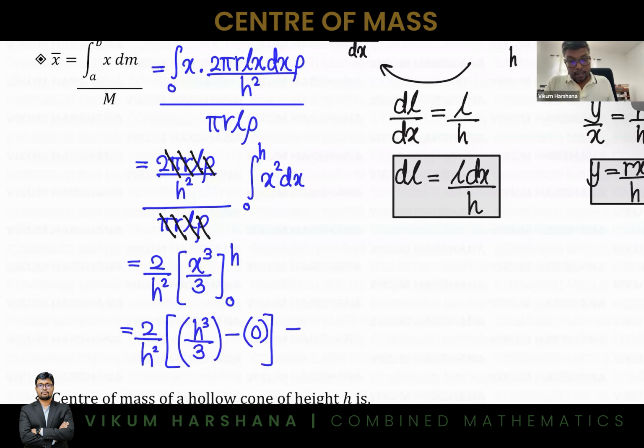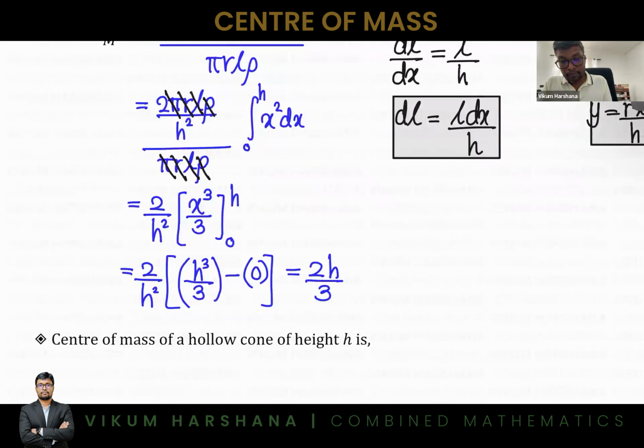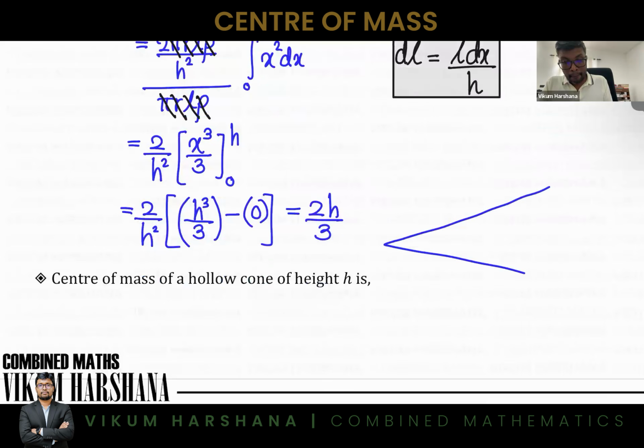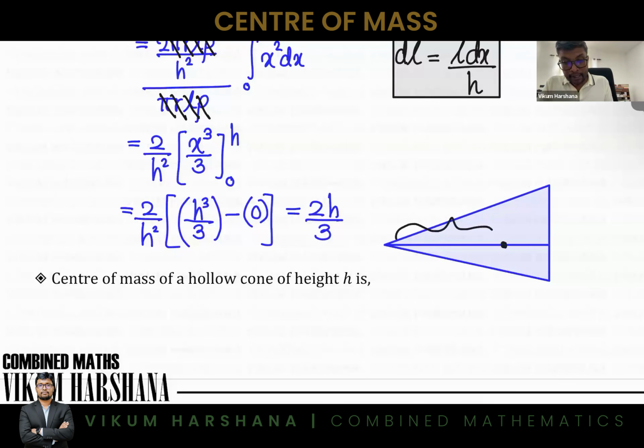Done. So yes, we have a cone. So what's that supposed to mean? They are saying from the vertex, it's 2h over 3. Or you can write from the base, it's h over 3. So you can define either way. According to the paper, you can pick one of them.